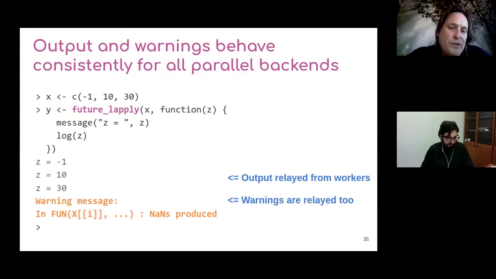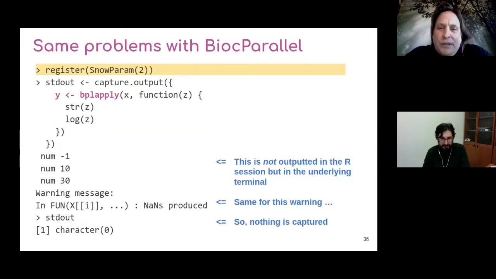And here I'm using future_lapply. It could be future_map or foreach, it will work the same. So the messages are relayed back to your main computer, even in parallel processing, and so are warnings. Let me show you with BiocParallel, and I'm using this as an example because you might be familiar with that. But the point is this is a common problem that hasn't really been addressed in a standard way.